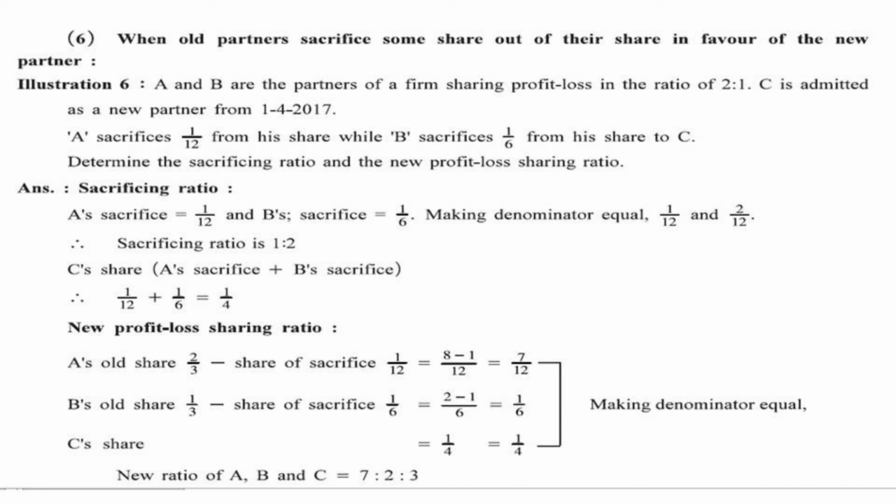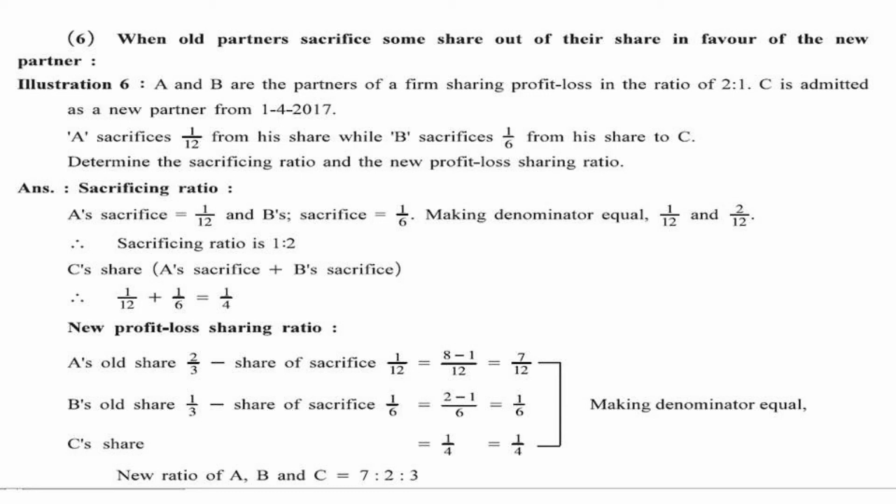C is admitted as a new partner from 1/4/2017. A sacrifices 1 upon 12 from his share, while B sacrifices 1 upon 6 from his share to C. Determine the sacrificing ratio and the new profit loss sharing ratio.